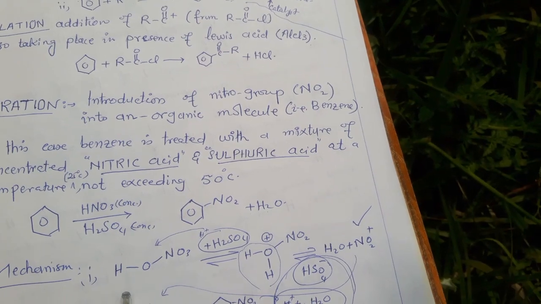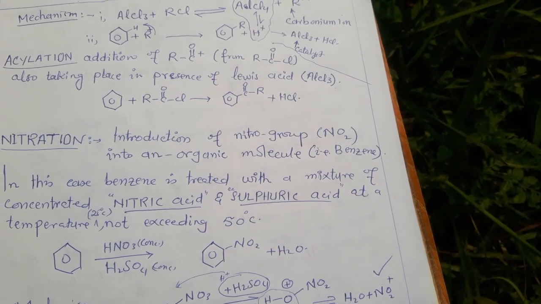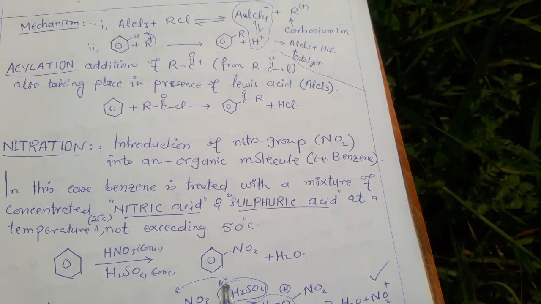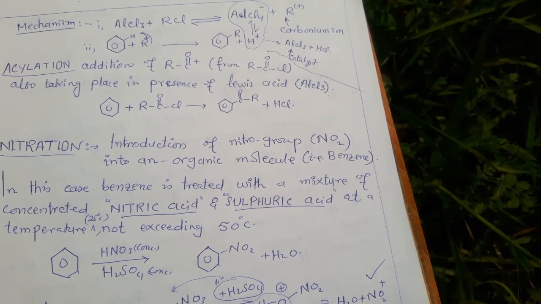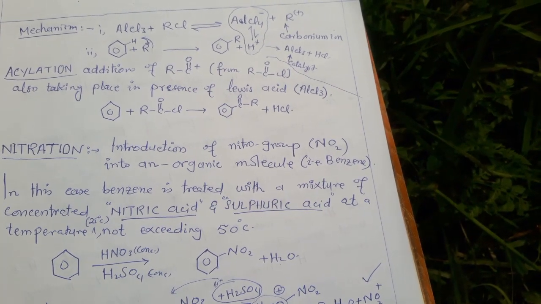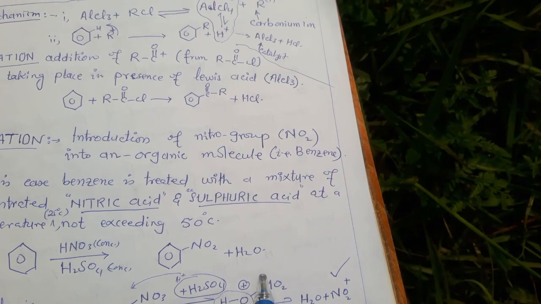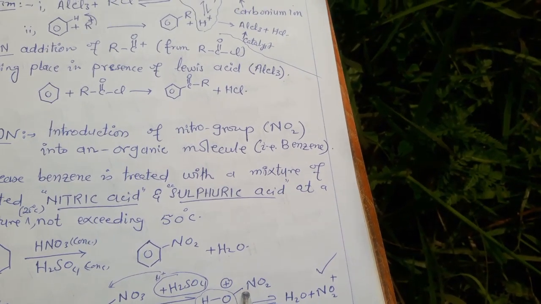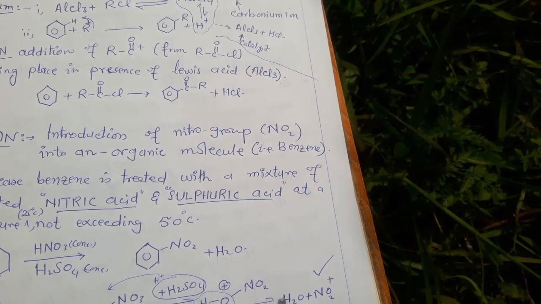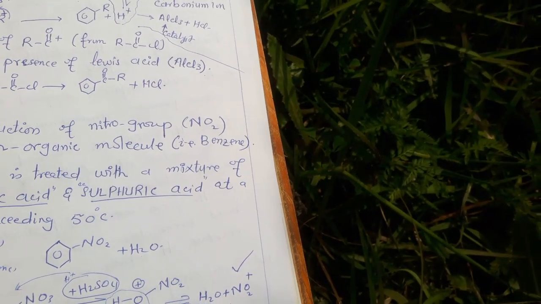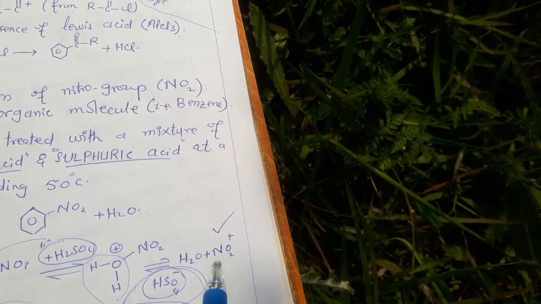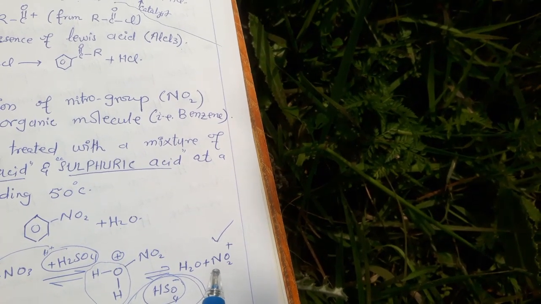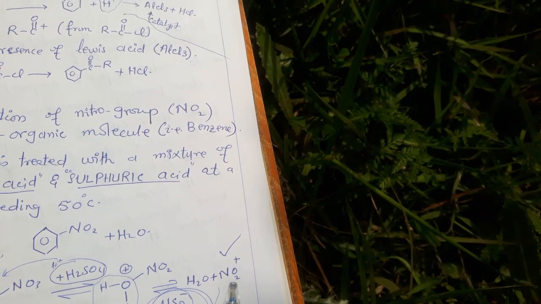You already know that sulfuric acid works as a strong acid. The mechanism is, in the first step, the sulfuric acid donates a proton to nitric acid, and we have positively charged nitric acid produced. This then dissociates reversibly, producing water and the nitronium ion.